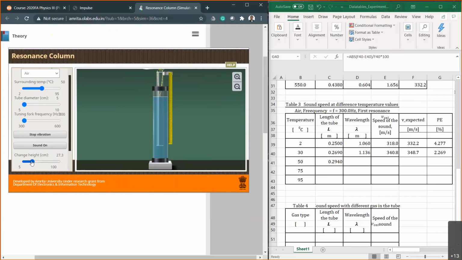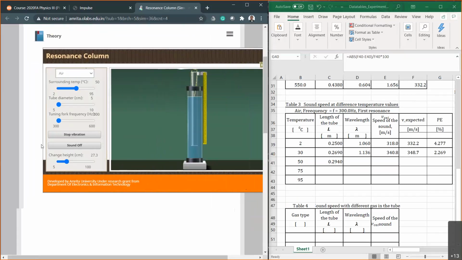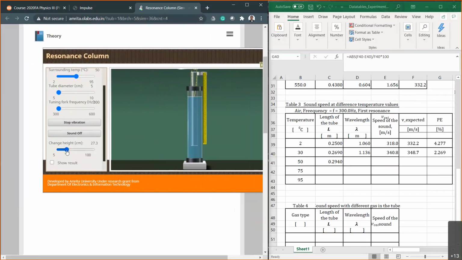Sound on, and then I'm going to use this slider here for the length. Click on here. You can see the sound is starting at about 26.9, the previous point. Even before the previous point, now it is increasing.